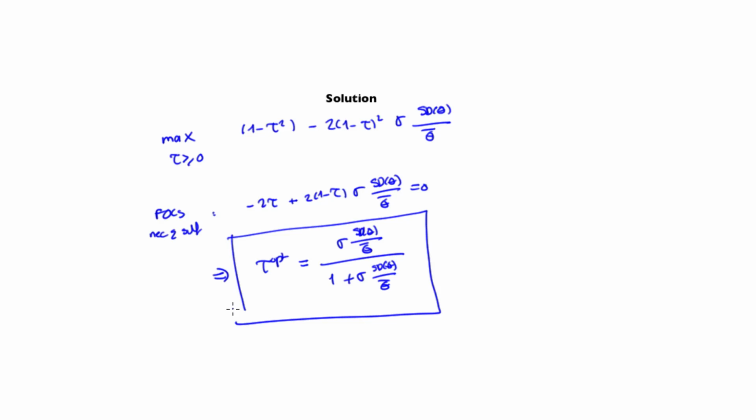And not only that, we have a formula that is quite intuitive, and let's see why. Let's check our intuition. What happens when the individuals do not care at all about redistribution? That is, when sigma is equal to 0. They don't care about inequality. This formula tells us that tau optimal should be equal to 0.